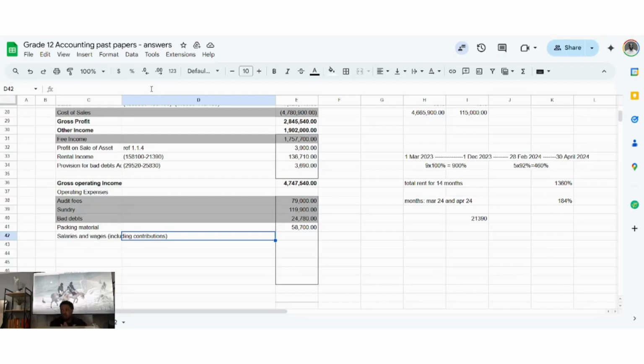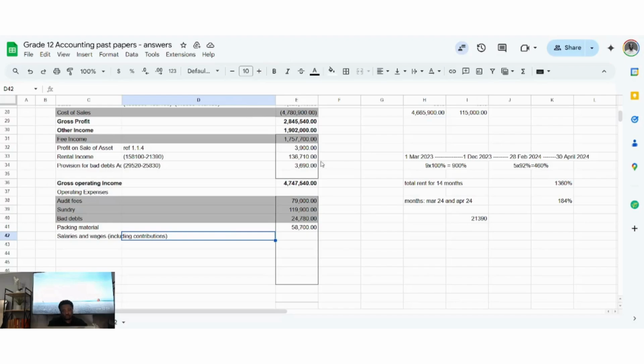What does it cost the company to have this employee? It costs the company the gross wages they pay to the employee plus the contributions that the employer makes towards the employee. And so you need to always be alert and make sure that you understand that very thoroughly. And yeah, let's have a look then at how we can work this out.